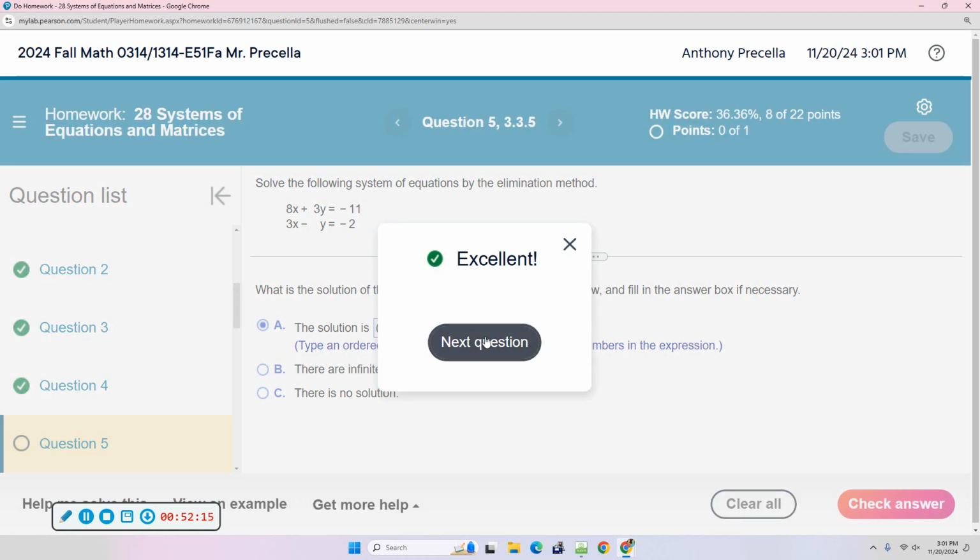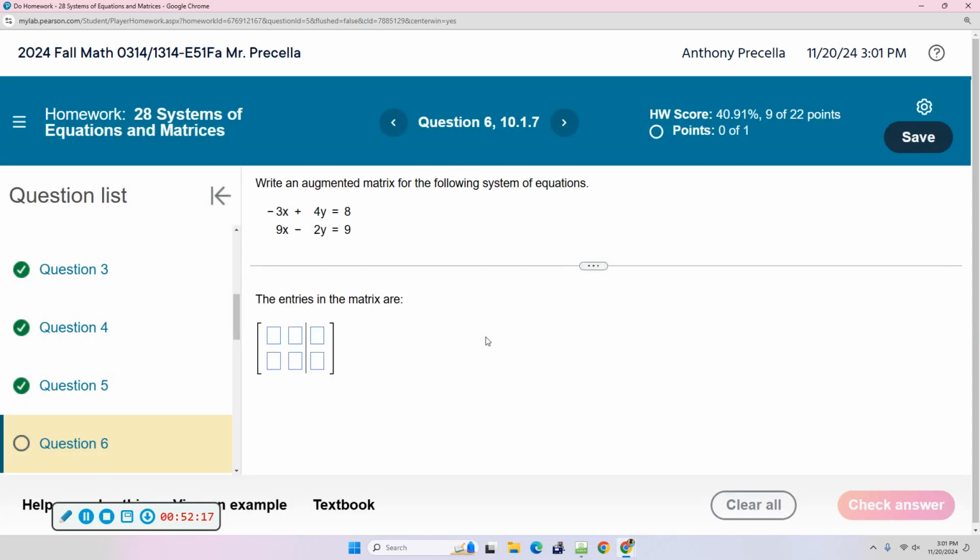Okay. Now, let's look at number 6. Write an augmented matrix for the following system of equations. Let me write this problem down. This is number 6.